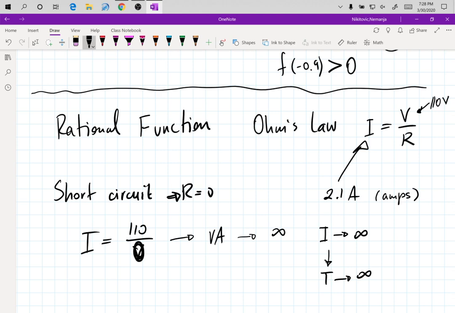The more current you have in the wire, the more motion of electrons is happening, because current is flow of electrons, of charges. And the more they move, the more they heat things, because that's what heat is, kinetic motion. You warm up to move around. Move around to warm up.